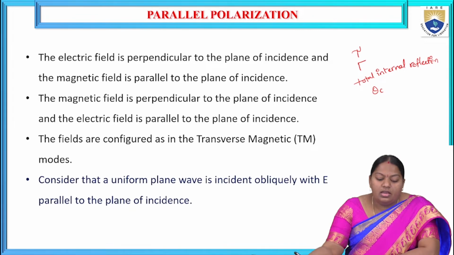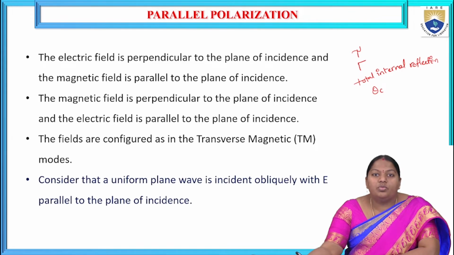In this case, if the electric field is perpendicular to the plane of incidence and if the electric field is parallel to the plane of incidence, we have considered two types of polarizations. One is perpendicular polarization, also called horizontal polarization. Now in this particular lecture, we are going to learn about the second type of polarization, called parallel polarization, also called vertical polarization.